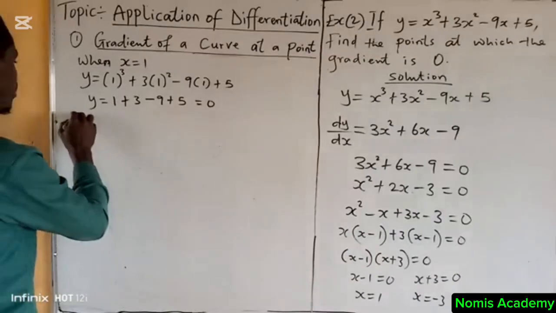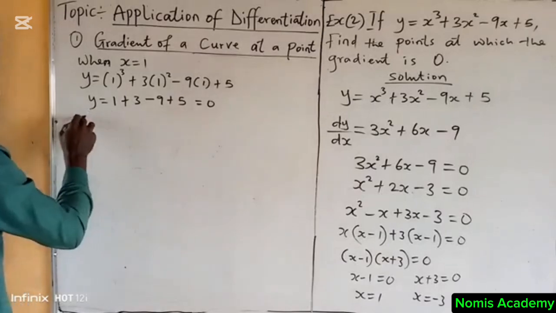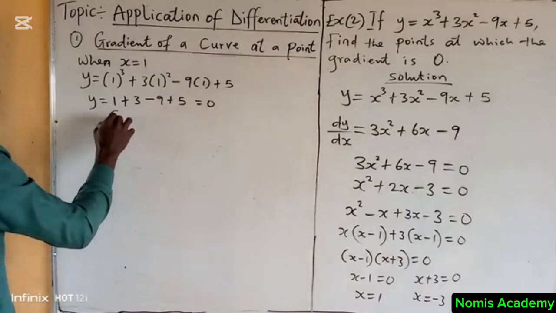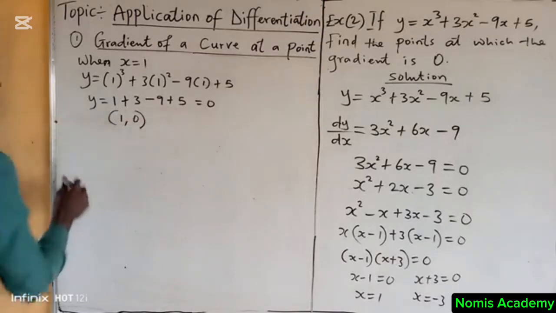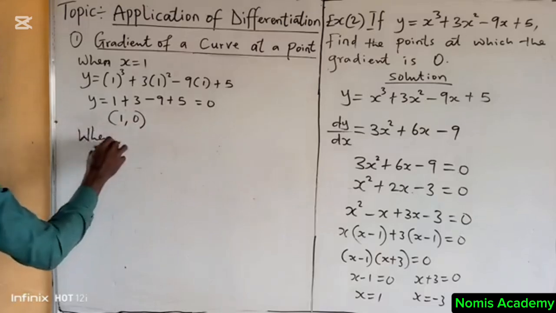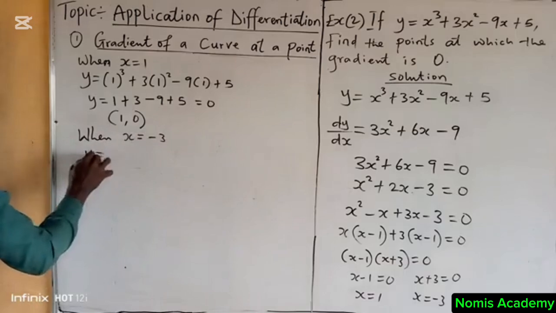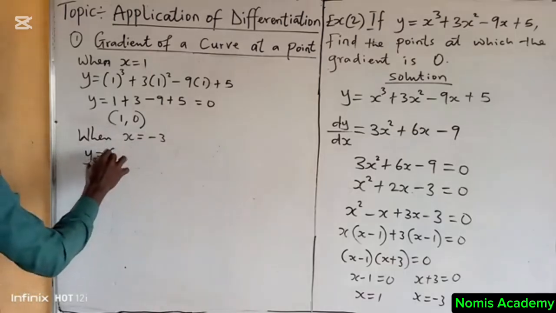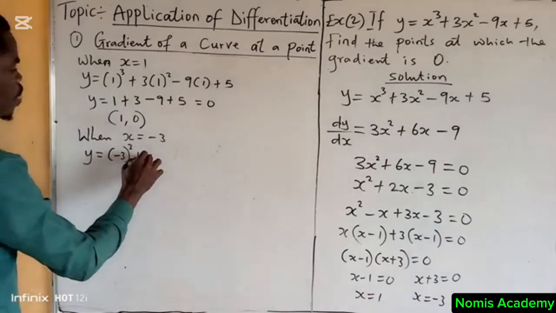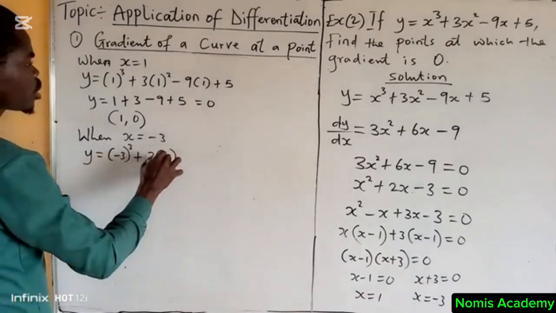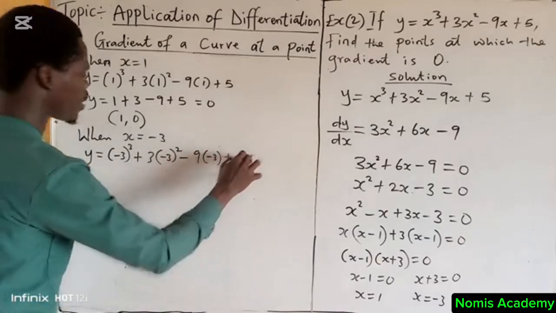So at the point where x is 1 and y is 0 is the first point. Now when x is equal to minus 3, y is equal to minus 3 raised to the power of 3 plus 3 times minus 3 raised to the power of 2 minus 9 times minus 3 plus 5.